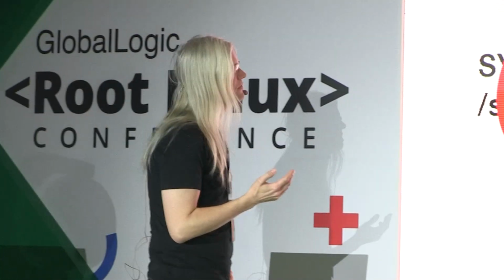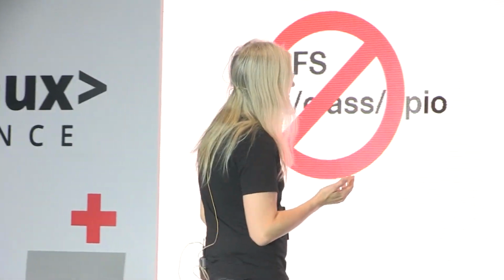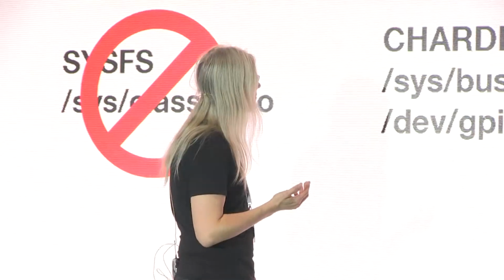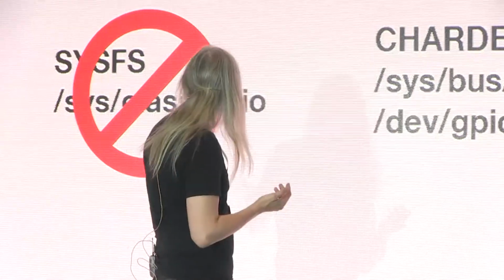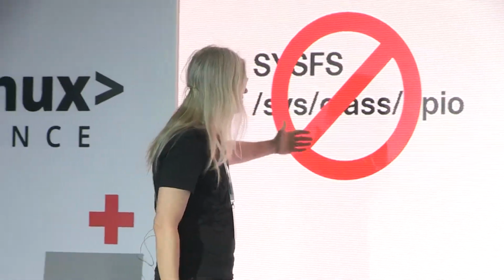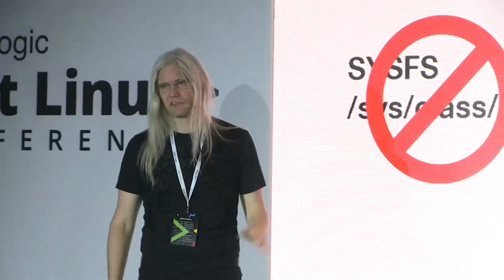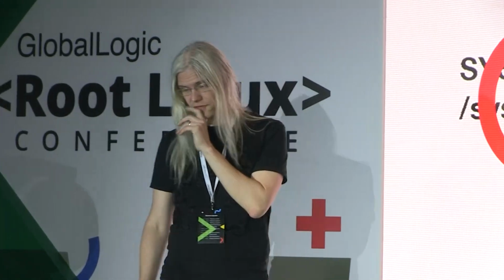So what people did in the past was, yeah, they used something called sysfs. Sysfs was very popular around the year 2000 as the next big thing from the Linux kernel. It's like a file-value paradigm. There's one file, it has one value.